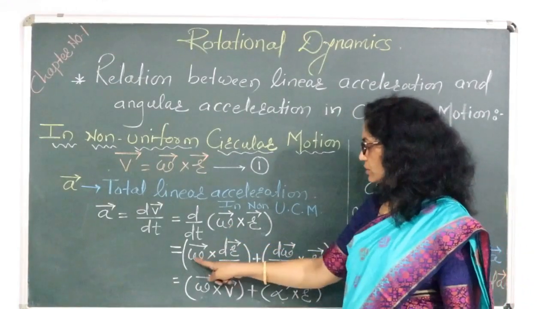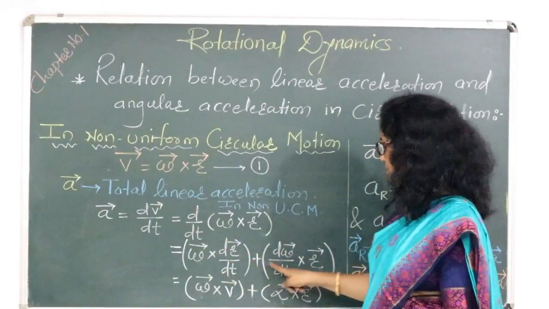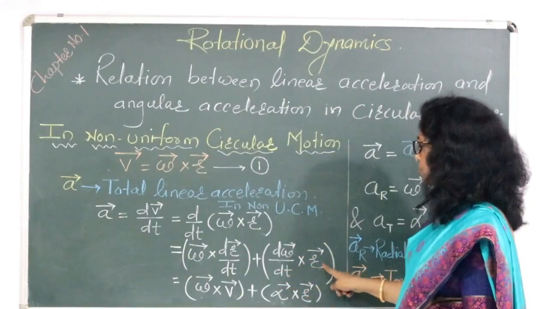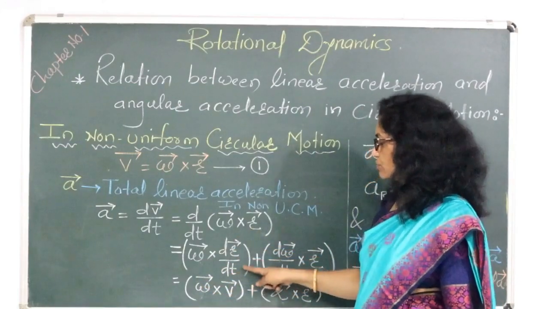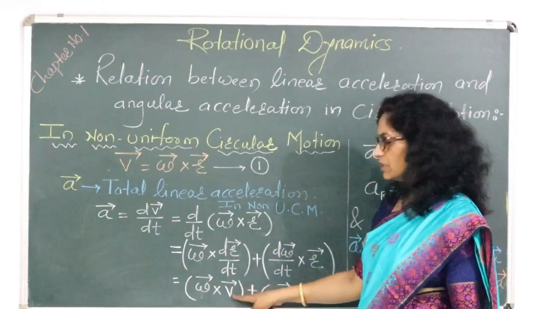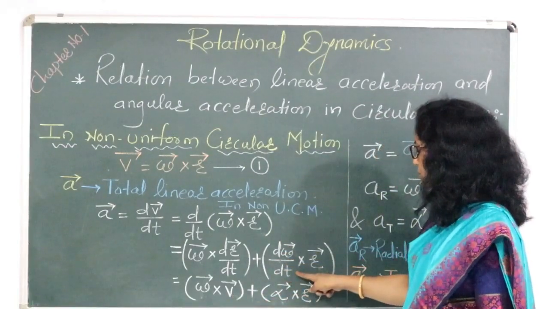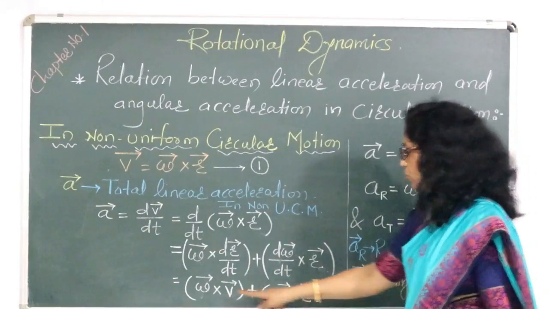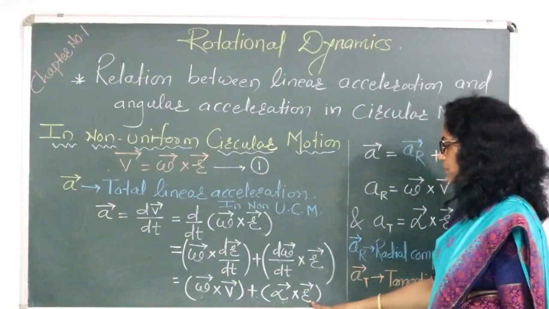That is omega vector cross dr vector by dt plus d omega vector by dt cross r vector. The rate of change of displacement with time is called linear velocity, and the rate of change of angular velocity with time is called angular acceleration. That is omega vector cross v vector plus alpha vector cross r vector.